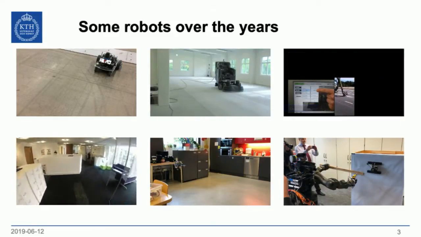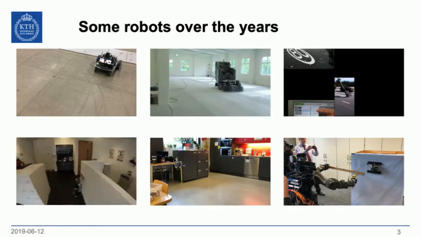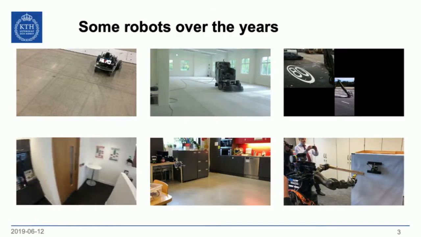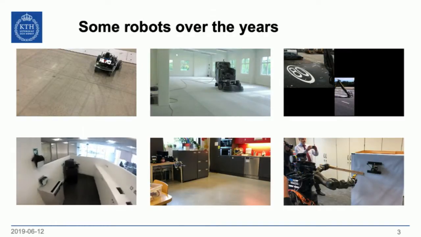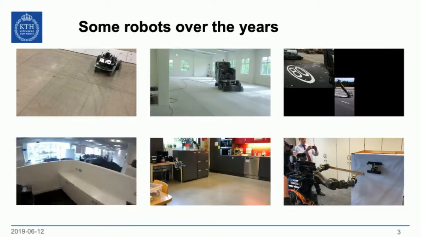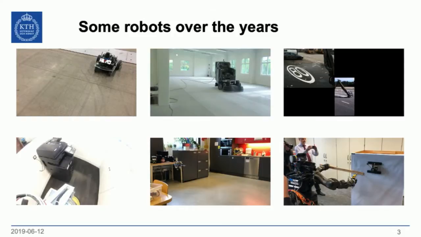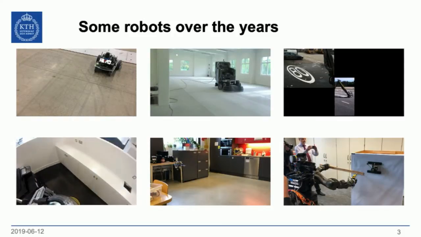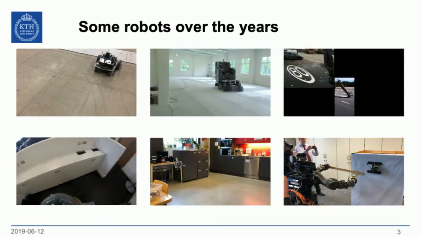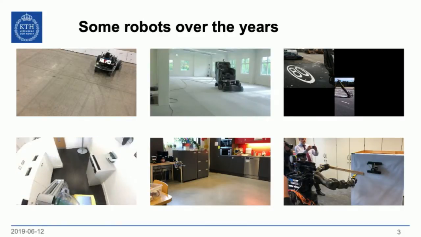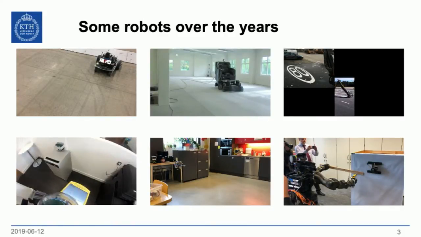This is an example from an EU project that ran for 4.5 years. The aim was to build a robot, or to look at how we could use the extended experience of a robot to make it improve over time. So the target that was set up was that the robot was supposed to be autonomous for 100 days. That was a bit optimistic.